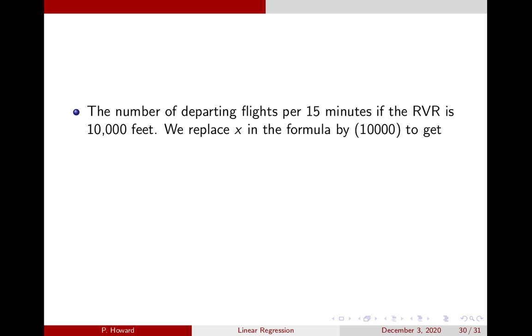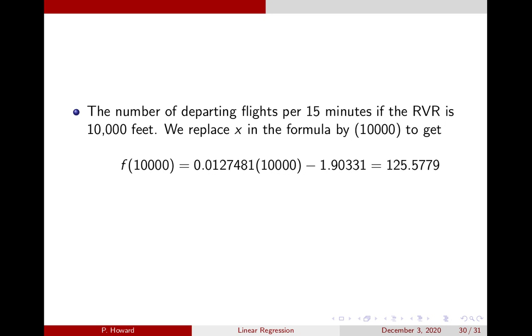Replacing x in the formula by 10,000 gives us 125.5779. 125 or 126 flights per 15-minute period is what our linear function would give us for this large value of the RVR.